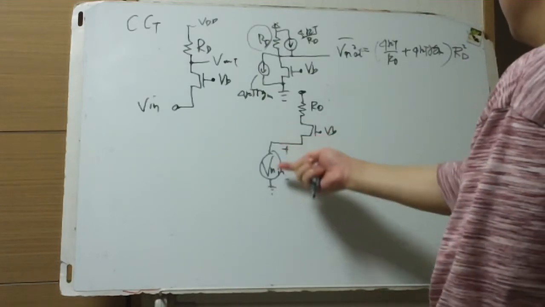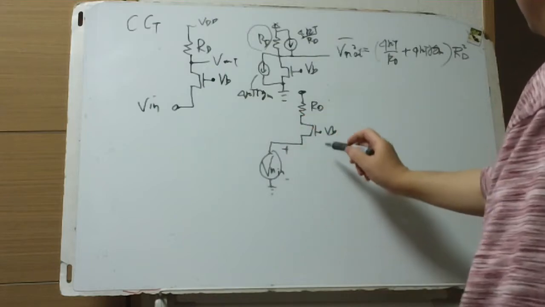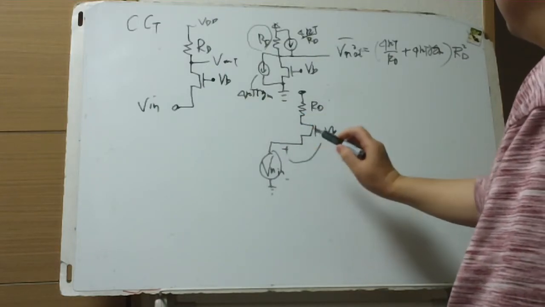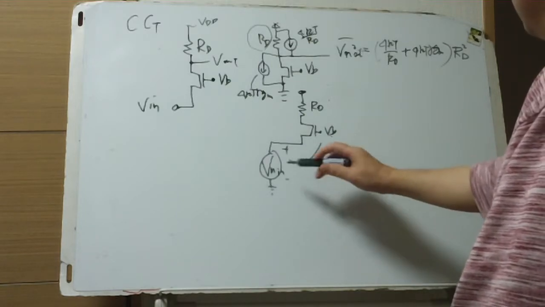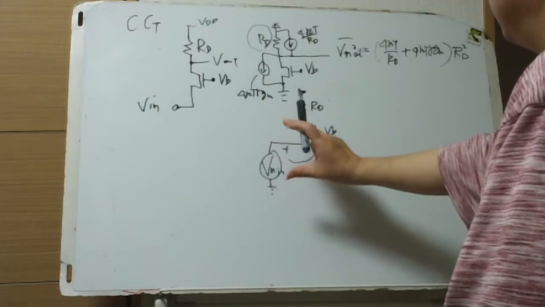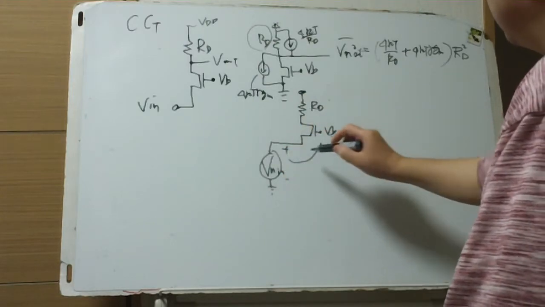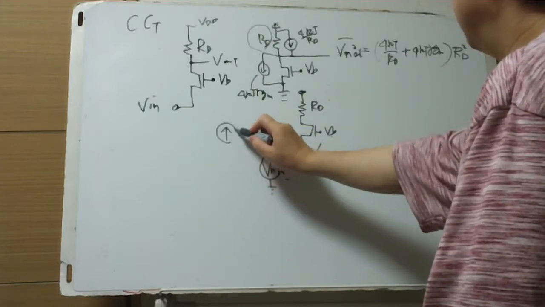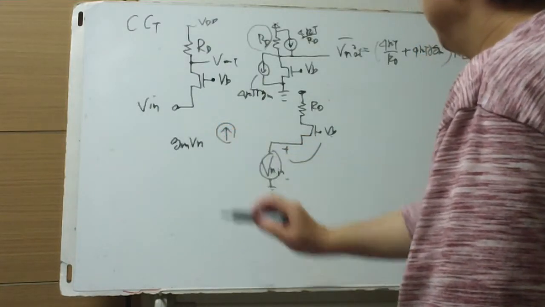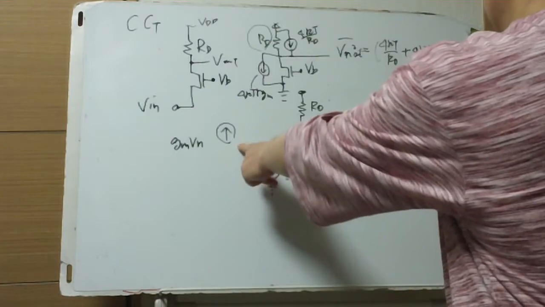This is modulated, and if this is modulated, VGS is modulated, so the Vn linearly increases, and this decreases. This decrease is gm Vn in this direction.